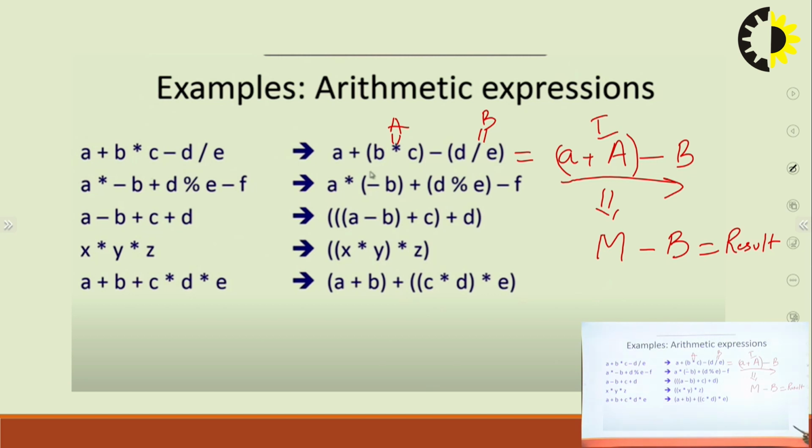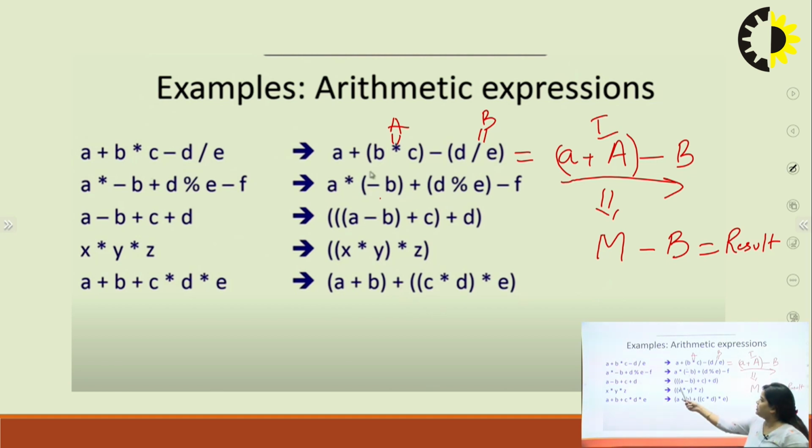Okay, done. Same thing. Now this is unary minus b. First we evaluate this and store the result somewhere, and then we evaluate this, as this is modulus. So first we evaluate this and store it in some variable, and then further we solve this.